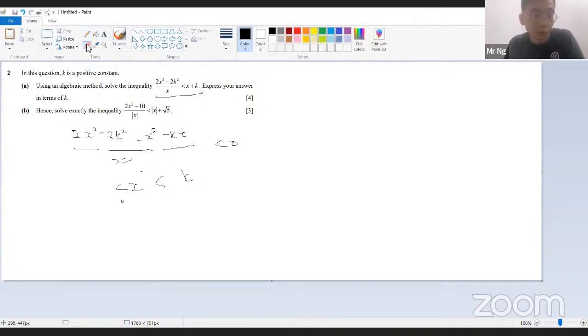Then this one will be equal to x squared, then after that minus kx minus 2k squared over x.